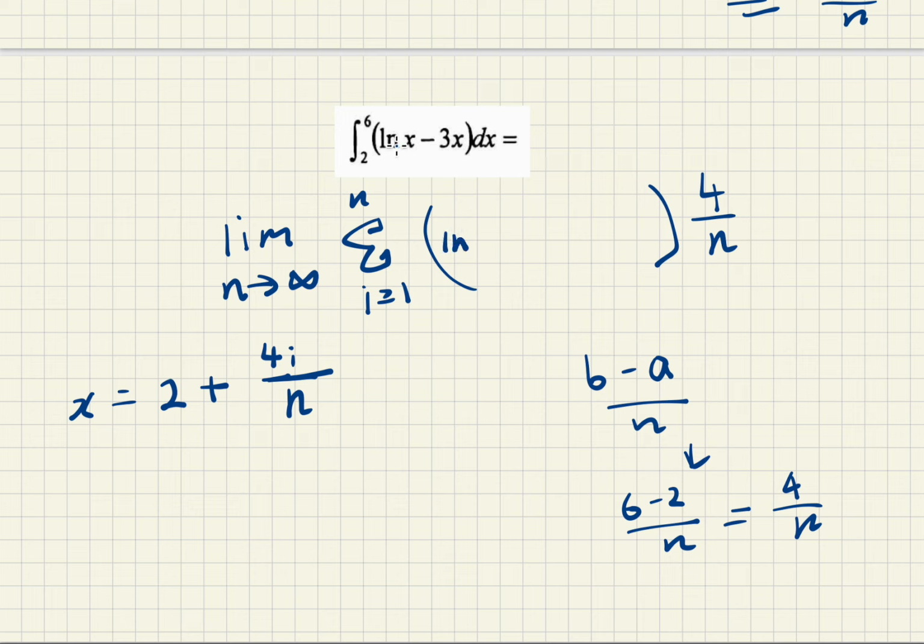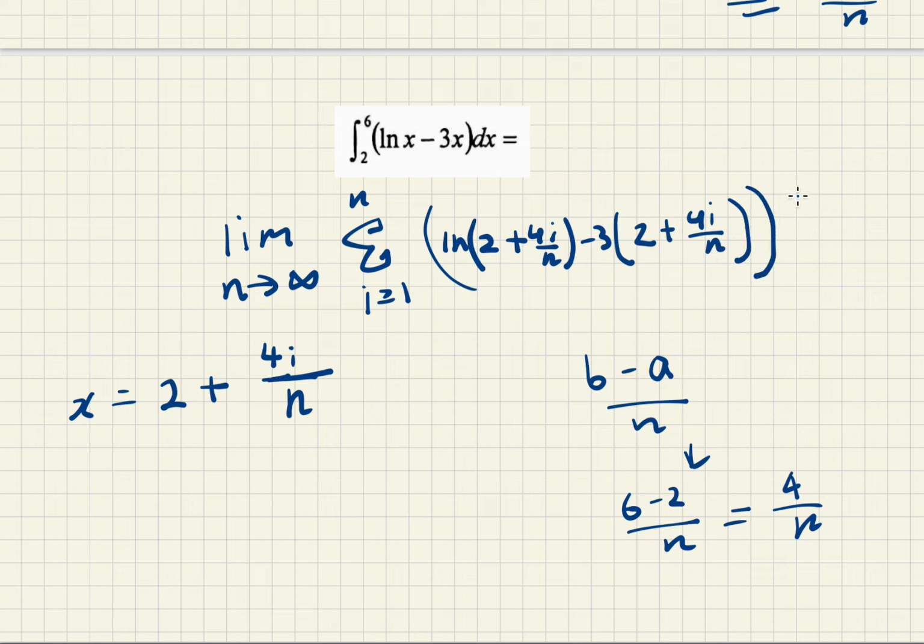Always remember to add all these, natural log 3 times, add that to the end of the limit, because otherwise it will be wrong. So natural log of 2 plus 4i over n minus 3 times 2 plus 4i over n.